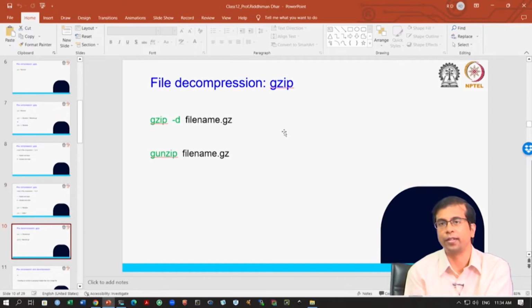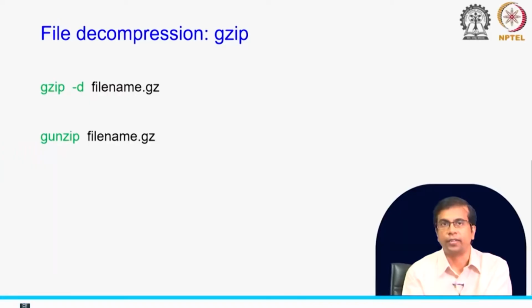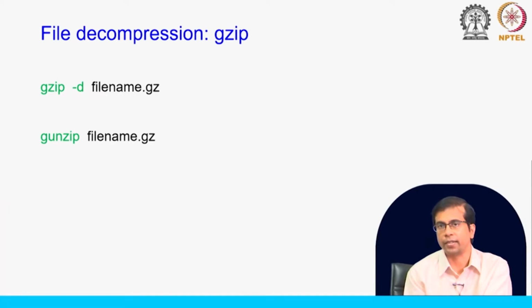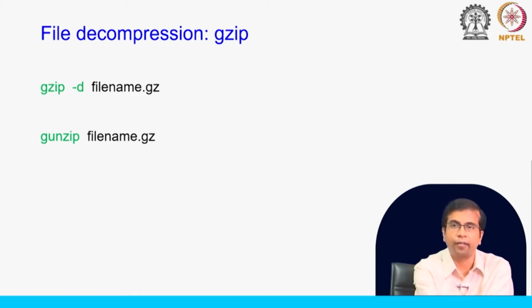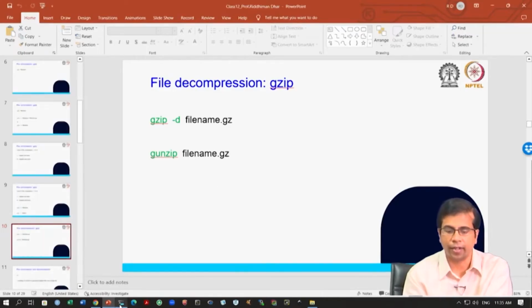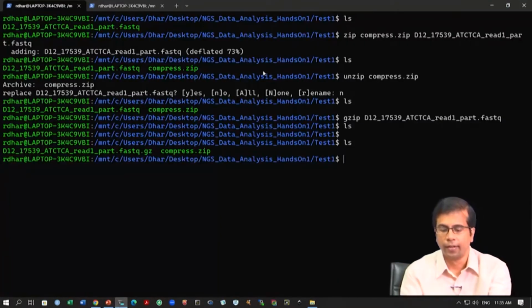So, the decompression works like this. These are the two commands that we use for decompression. One is gzip -d file name.gz. You give the gz file and say gzip -d, or you can simply say gunzip. Okay. So, let us try that, and then we will try the other commands that we have discussed with gzip. So, gzip -d, and the gz file.